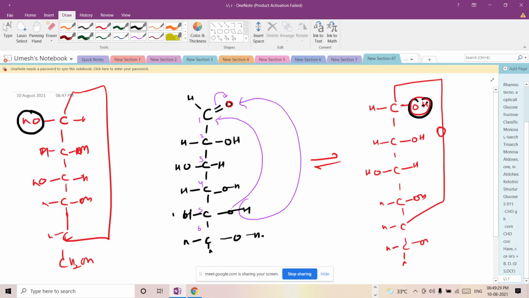When it is on the right hand side, it is called the alpha D plus glucose. And this is called the beta D plus glucose.